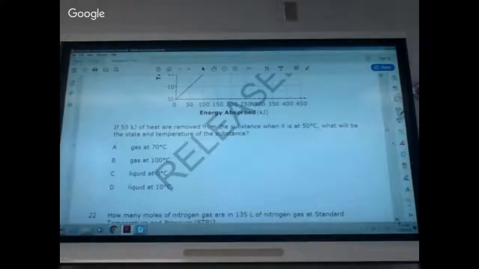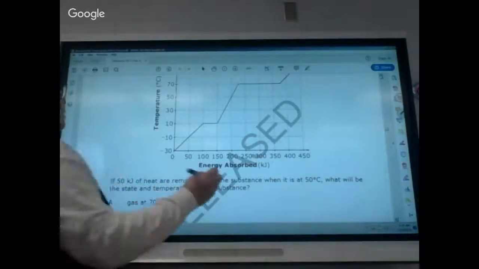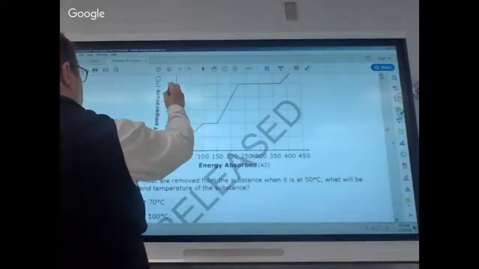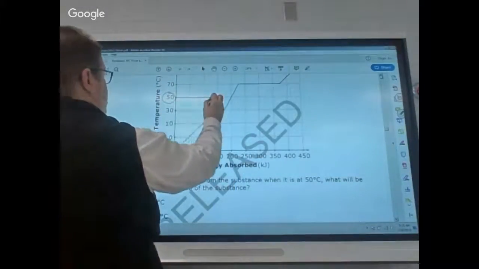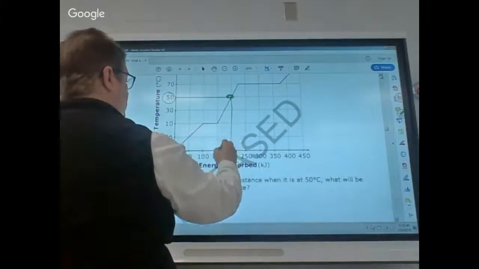All right, so here we have a graph. It says if 50 kilojoules of heat are removed from the substance when it's at 50 degrees Celsius, what will be the state and temperature of the substance? I have to go back up because I can't see it. 50 degrees Celsius is here, read over to this, and we're at 200.